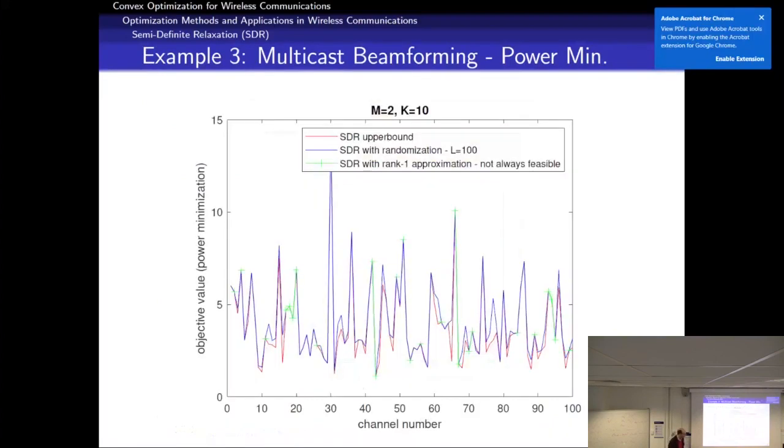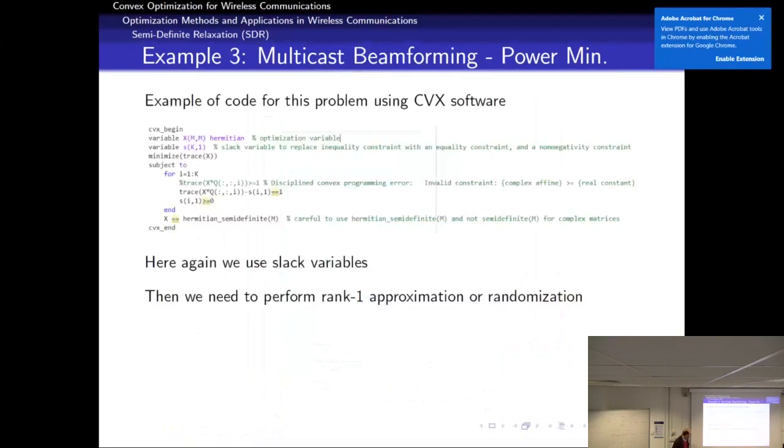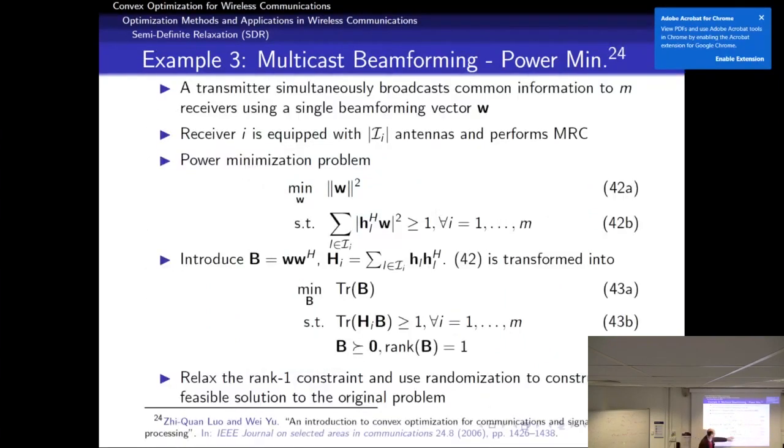So let me show you some examples. When you do this multicast beamforming with power minimization, I have two transmit antennas and 10 users. In red is what you get with this SDR bound. That means that this is when I solve this problem without the rank constraint. I'm relaxing the problem, so I'm removing some constraint.